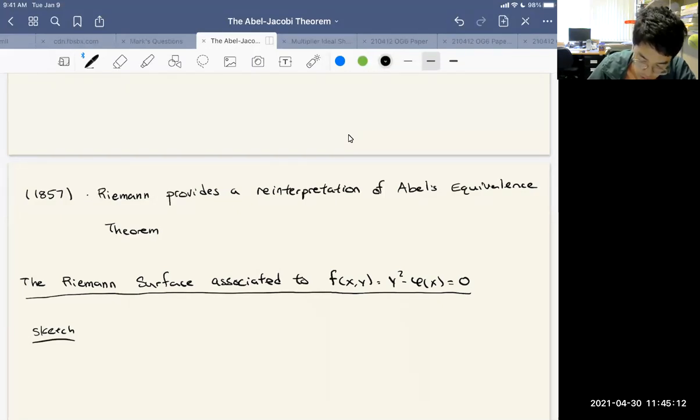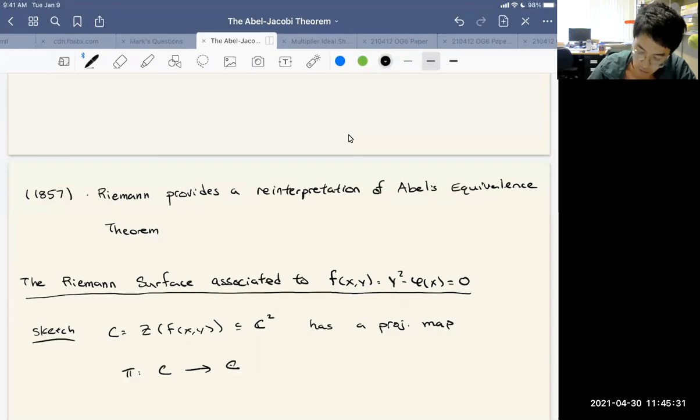And remember that C is equal to the zero locus of this equation inside of C2. And it has a projection map pi from C onto one copy of C, which sends the pair x comma y to just x.